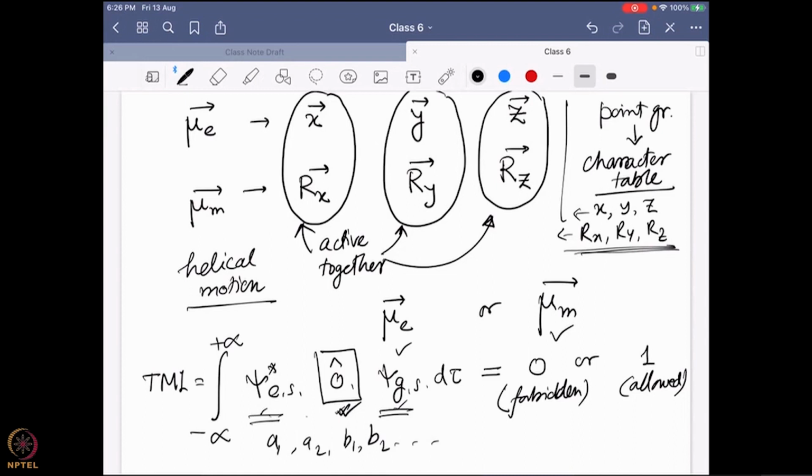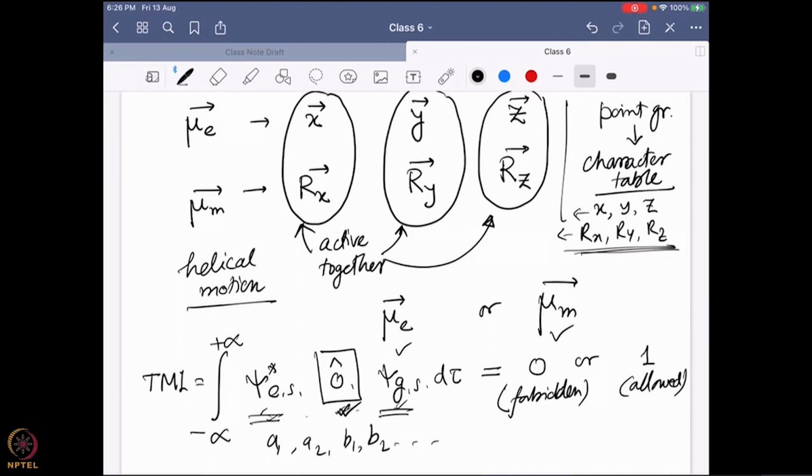Once you have this symmetry representation, you can multiply them and find out the result. If and only if the result of the multiplication gives a fully symmetric representation. A fully symmetric representation is one where all the characters are 1.